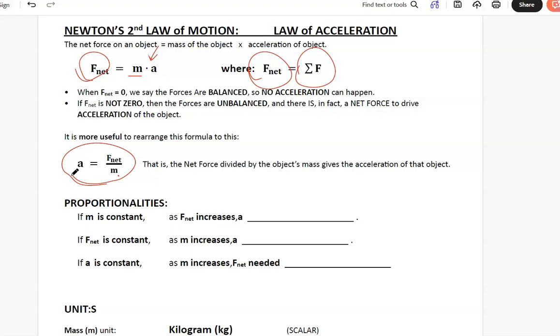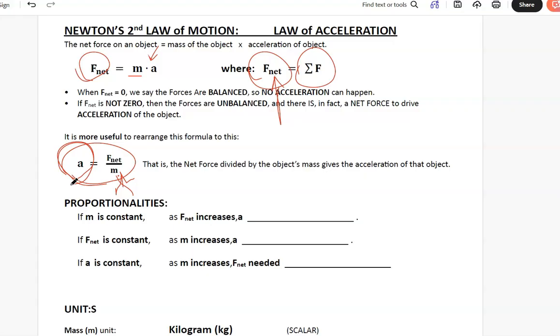And in this unit, you're going to frequently be given a number of different forces. You're going to have to determine the net force, and then knowing the net force that you just determined and the mass, you should be able to calculate the acceleration on that object. When the net force on the object is zero, that means the forces are balanced. That means there's no net force, so there's no acceleration.